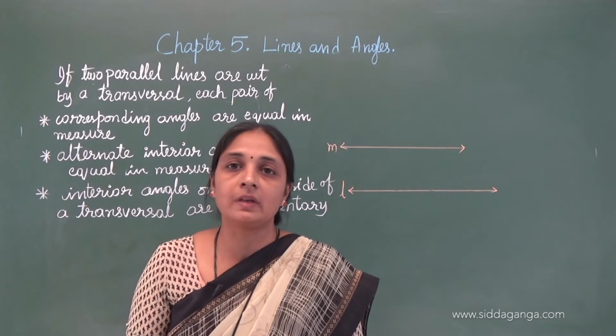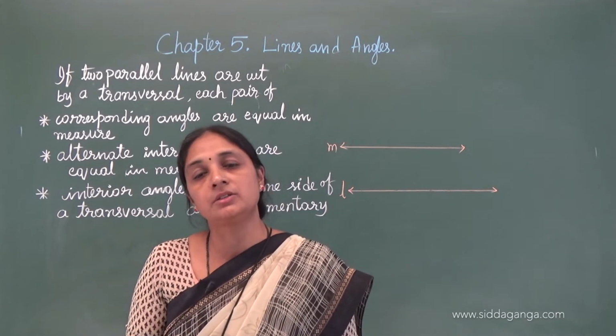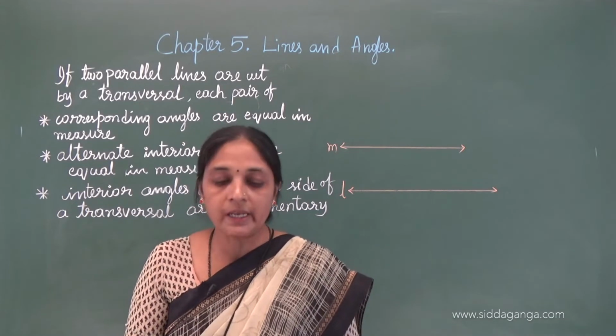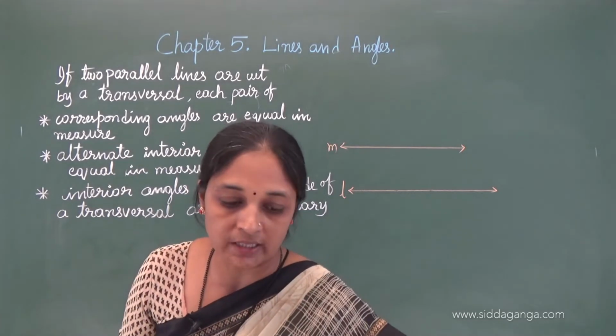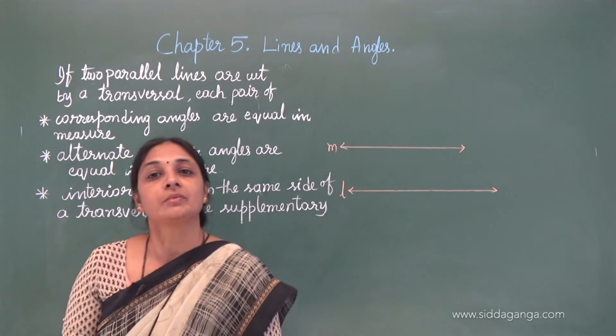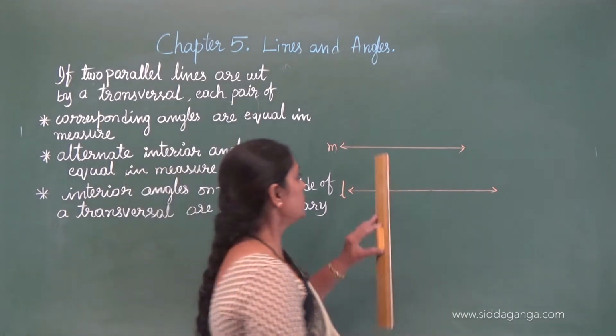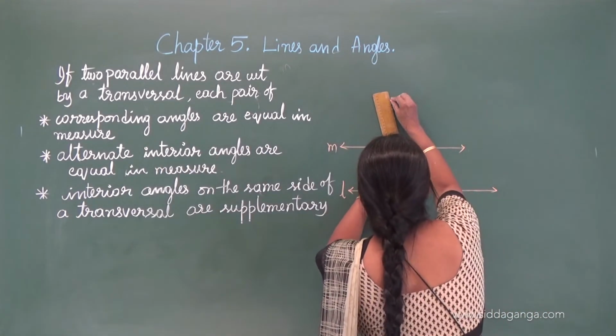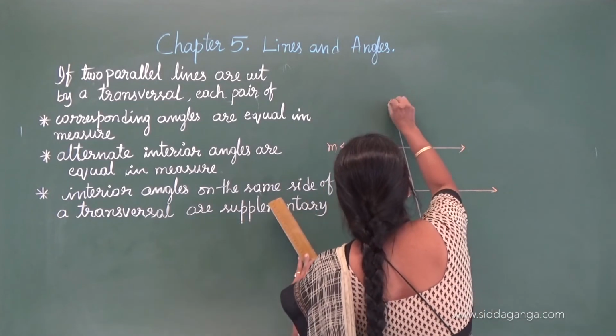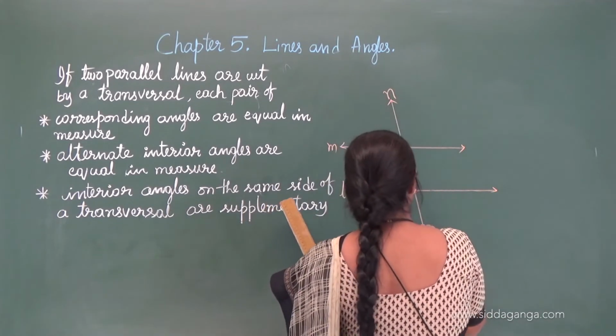But we can't always use this method, so sometimes we use only a ruler to draw two lines. But think about whether they are parallel or not, okay? So if I draw a line crossing these, it's considered a transversal.